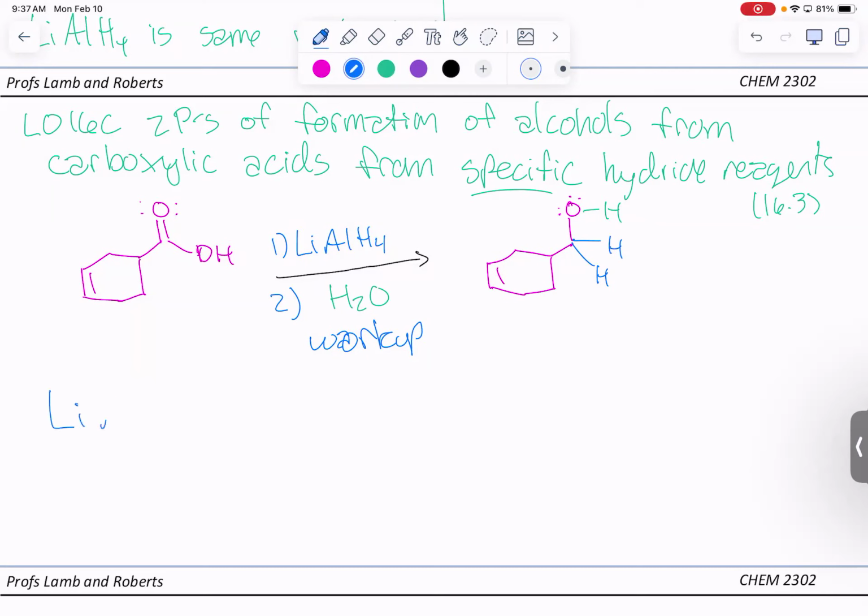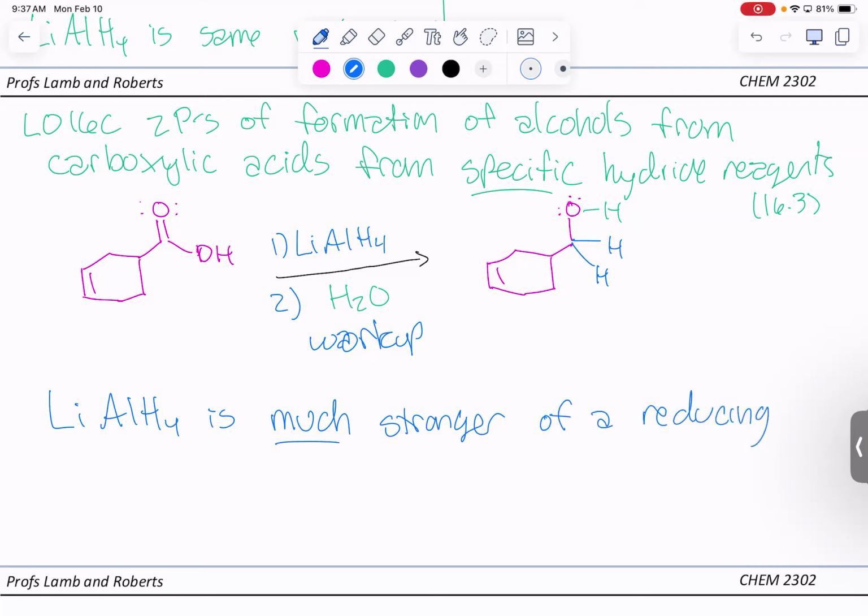So lithium aluminum hydride is much stronger of a reducing agent than sodium borohydride. So it is the only hydride reagent that will reduce a carboxylic acid.